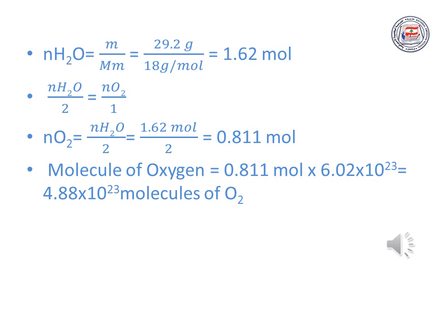The last step, finish by converting from moles to molecules. So molecules of oxygen equal number of moles times Avogadro's number, and the answer is 4.88 times 10 to the power 23 molecules of oxygen.